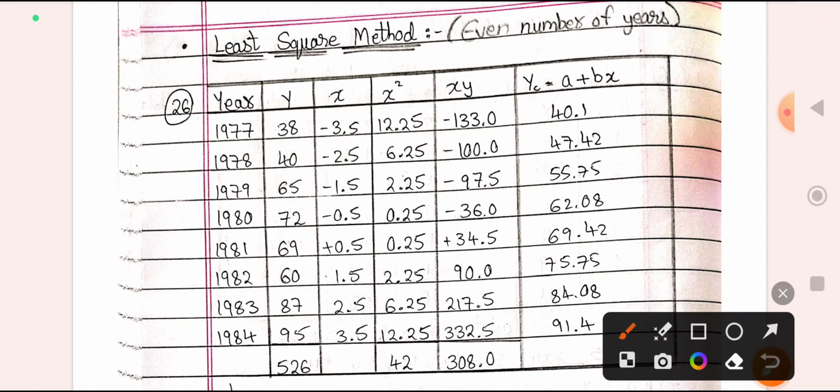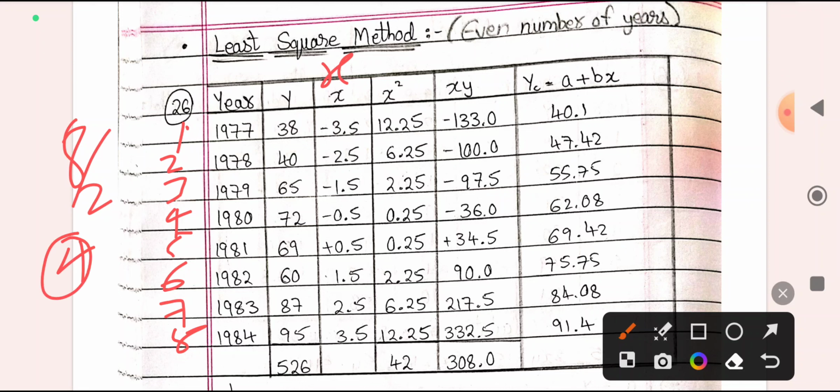Okay, and next we need to take x values. How will you take the x values? As we just saw, it is 8 here, so 1, 2, 3, 4, 5, 6, 7, 8. So 8 by 2, the middle year is the fourth year, so up to the fourth year we will take minus 0.5, minus 1.5, minus 2.5, minus 3.5, and after the fourth year plus 0.5, plus 1.5, plus 2.5, plus 3.5.